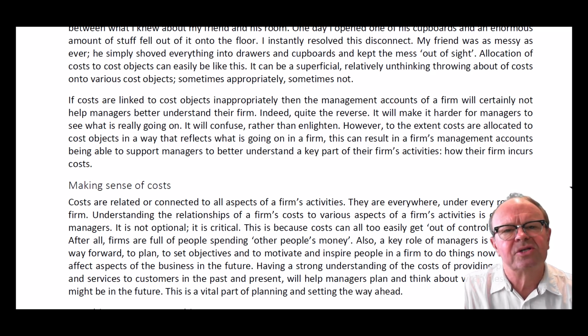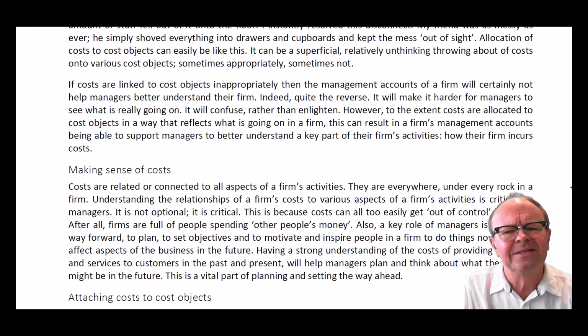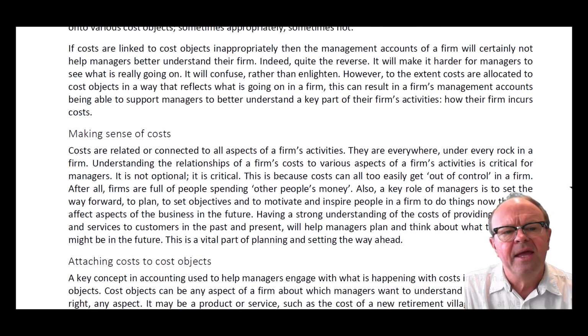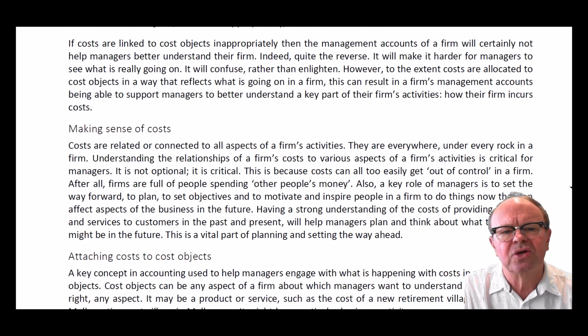Allocation of costs to cost objects can easily be like this. It can be a superficial, relatively unthinking throwing about of costs onto various cost objects, sometimes appropriately, sometimes not. If costs are linked to cost objects inappropriately, then the management accounts of a firm will certainly not help managers better understand their firm. Indeed, quite the reverse.